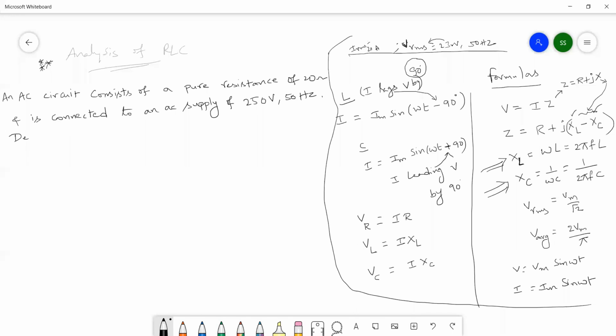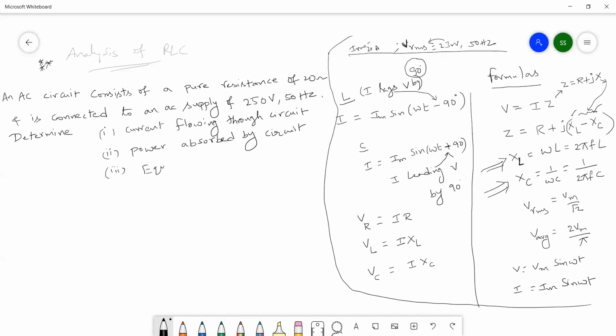Then determine the first one, the current flowing through the circuit, and the second one, the power absorbed by the circuit, and also the equations of voltage and current.